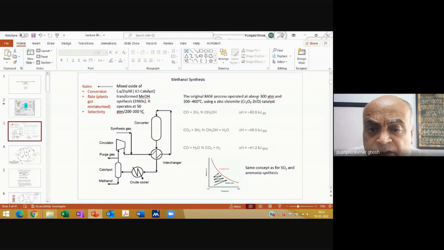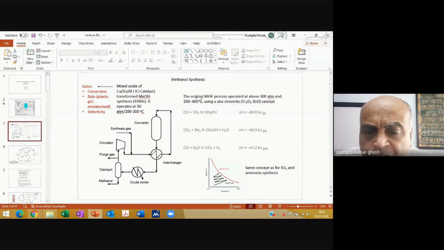You can see it's not very different in terms of the pressure and temperature compared to what we have in the Bosch process, with about 200, 300 bar and 500 degrees centigrade, or 300 to 500. So very similar. They obviously had managed all the chemistry around production of ammonia.